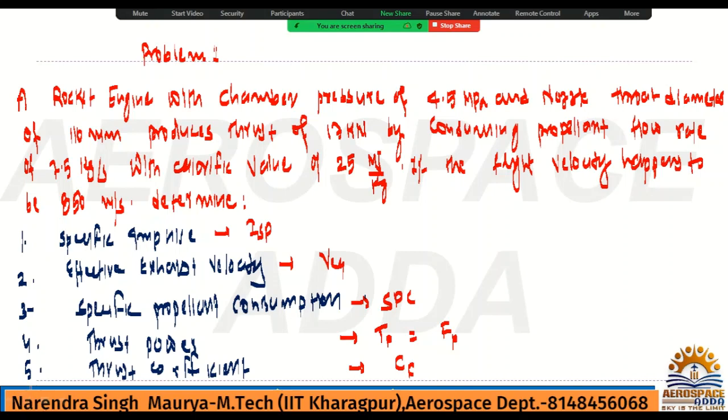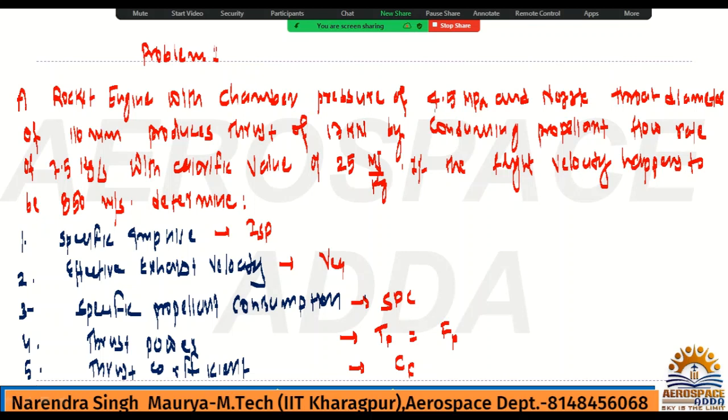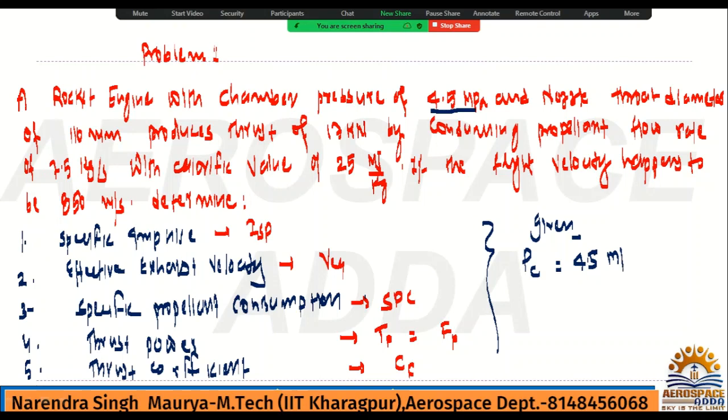Check here. Chamber pressure is given as 4.5 megapascal. Throat diameter, you can say DTH, is 110 mm.